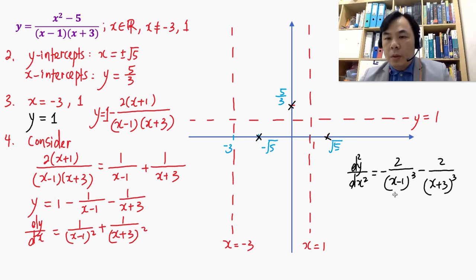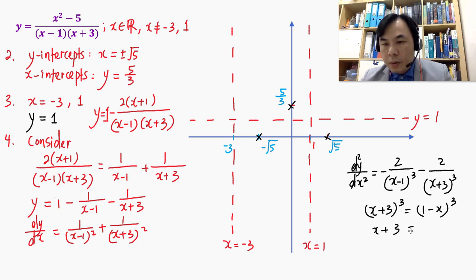So from here itself, I will have (x plus 3) cubed is equal to (1 minus x) cubed. Okay, so if you equate everything, we found that that will be x plus 3 equals 1 minus x. So 2x is equal to negative 2, x is equal to negative 1.